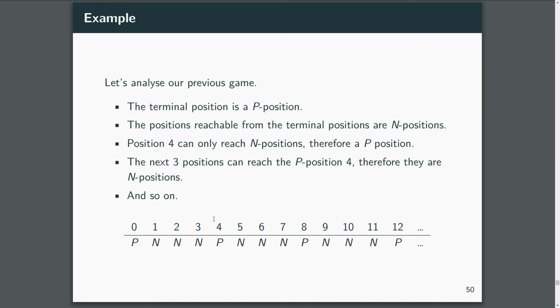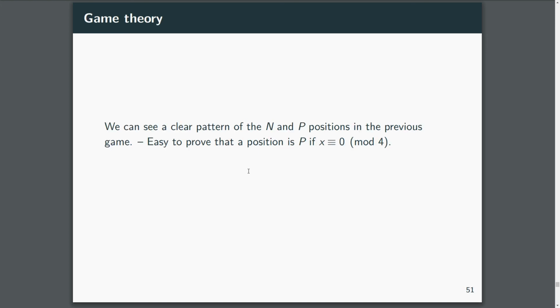We get one at 0, at 4, and 8, and 12, and 16, and 20. They're just always 0 when you mod by 4. So these are multiples of 4.